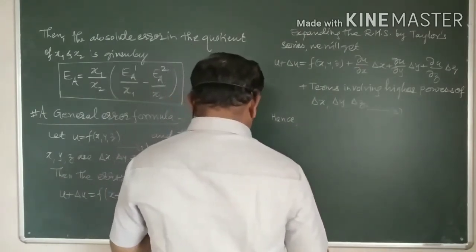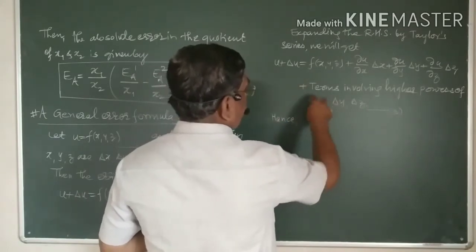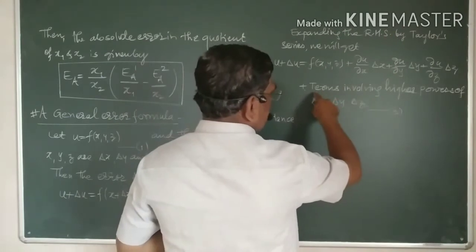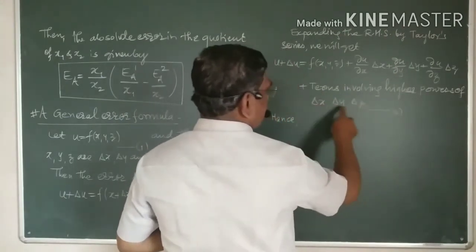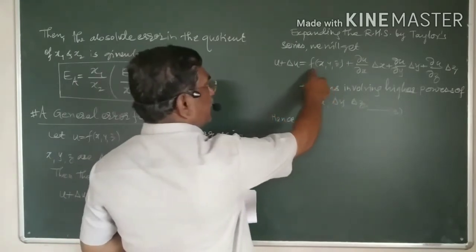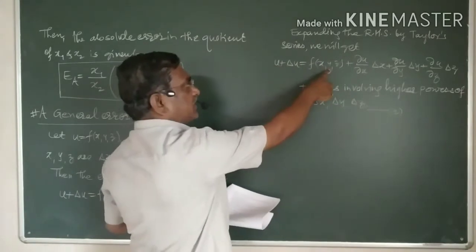Therefore, if you omit these terms involving higher powers of del x, del y, del z, then what you get is this. And this f of x, y, z is nothing but u, and this u cancels with this u.